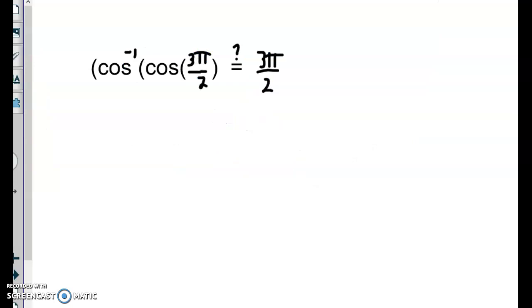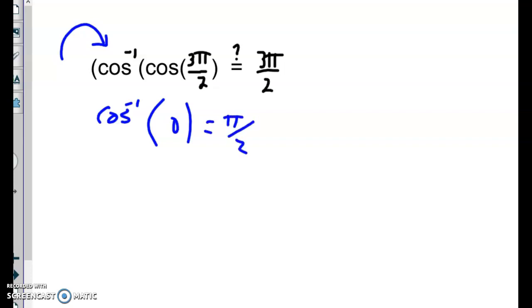So why is this not true? Well, we know this is not true because there's an inverse cosine in it. So if I work my way out, the cosine at 3 pi over 2, cosine is the x, I get a 0 value, and the angle whose cosine is equal to 0 would have to be pi over 2.